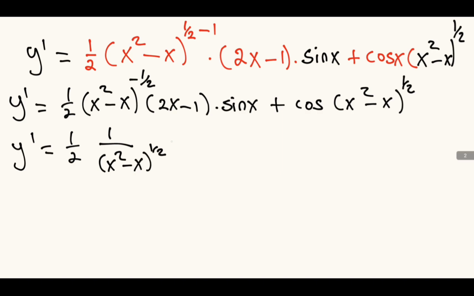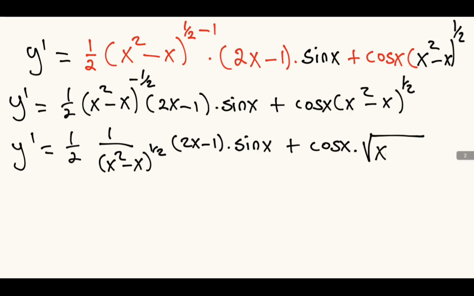This is multiplied by 2x minus 1 multiplied by sine x, plus cos x multiplied by, so we can now express this as the square root of x squared minus x. And also 1 multiplied by 1 multiplied by 2x minus 1 will be equal to 2x minus 1 multiplied by sine x.